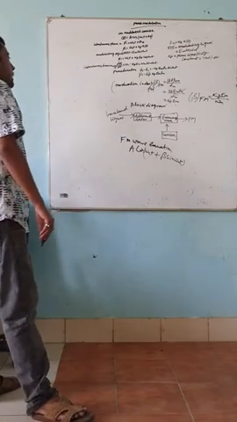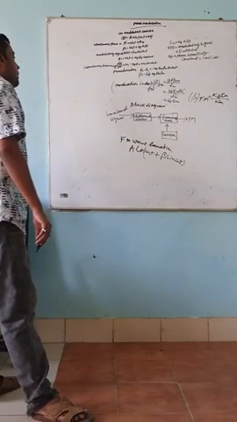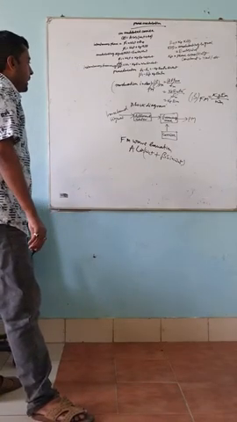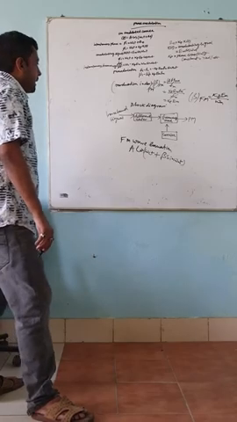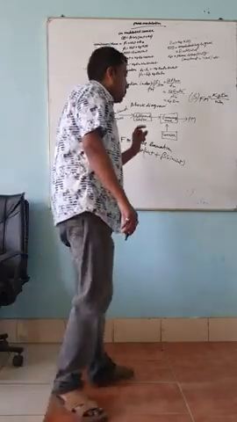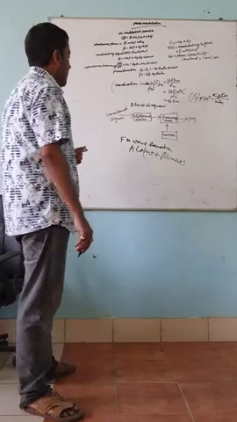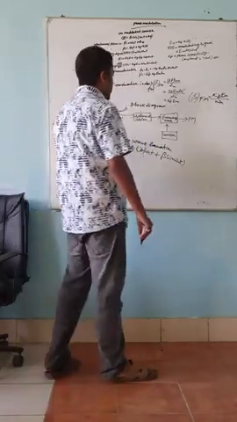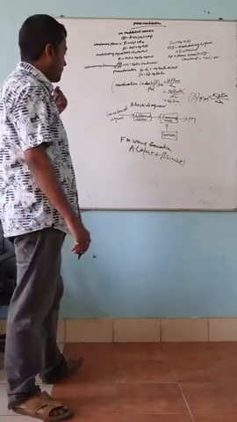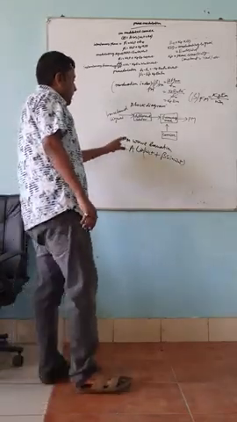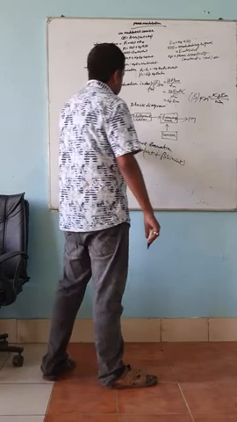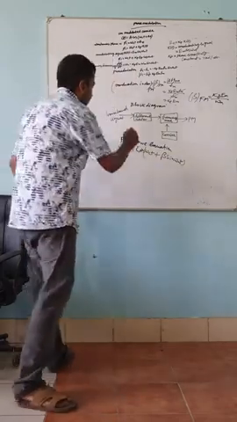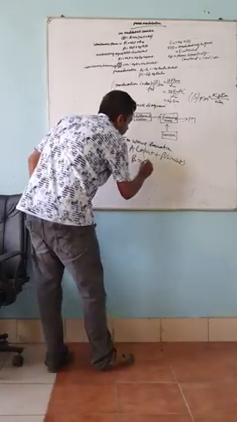Phase modulation you need to know because both frequency modulation and phase modulation are types of angle modulation. This is the phase modulation wave. This is the frequency modulation wave equation. Beta is the modulation index.